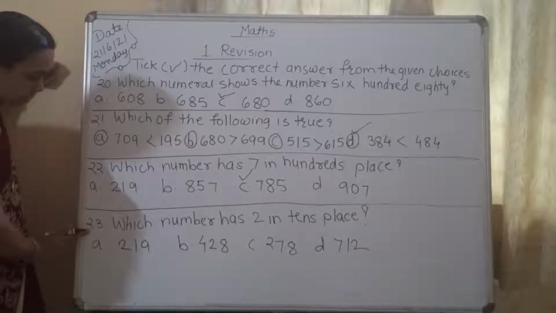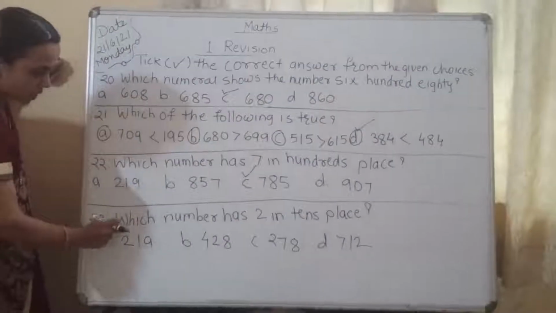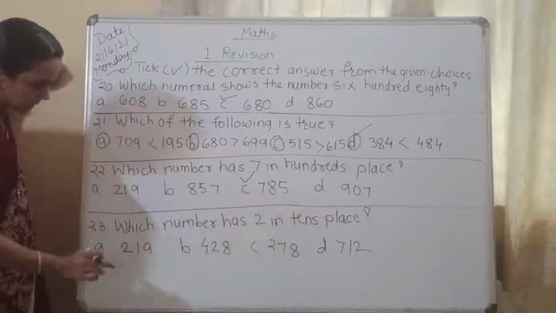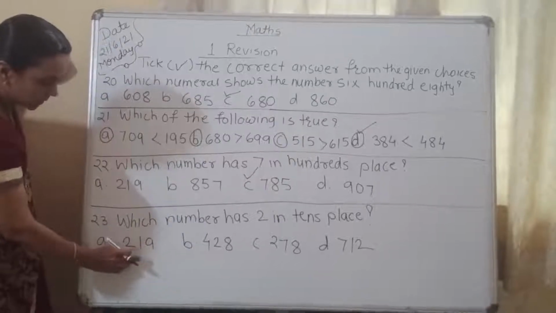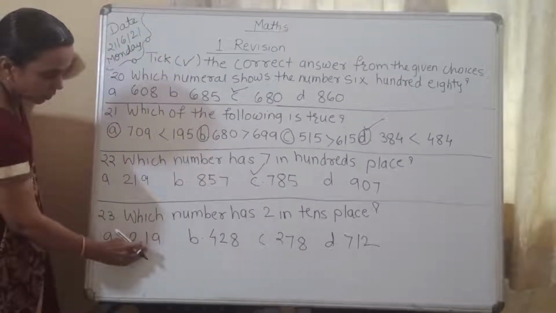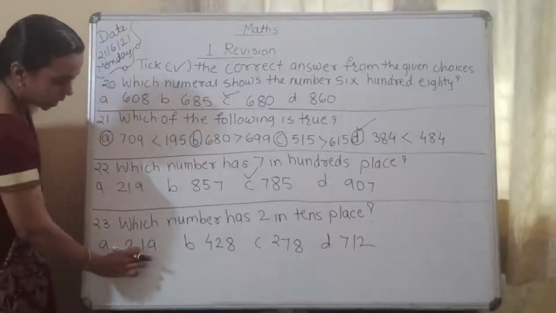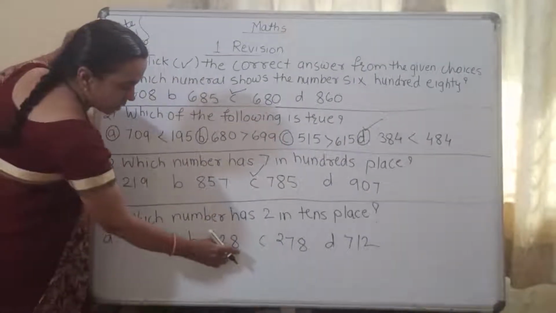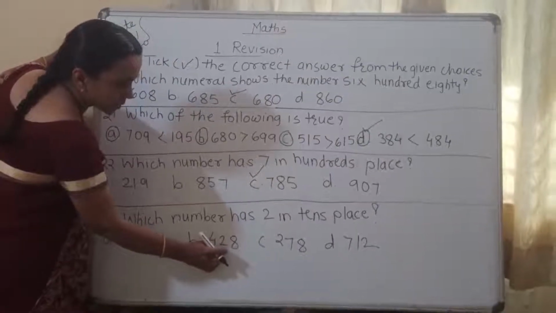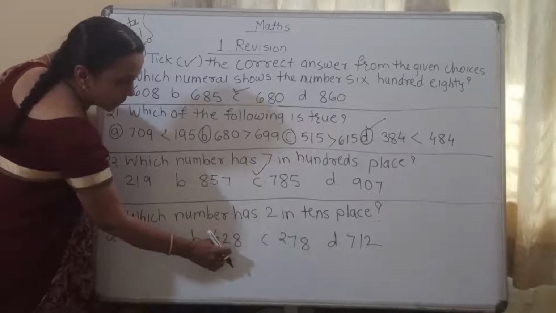Okay. Now see 23rd question. Which number has 2 in tens place? So ones, tens. In the tens place, which number do we want? 2. No, here 1 is present. Ones, tens, hundreds. Yes, in the tens place 2 is there.